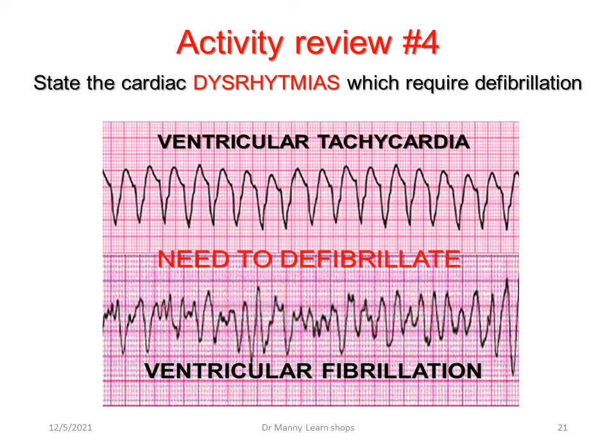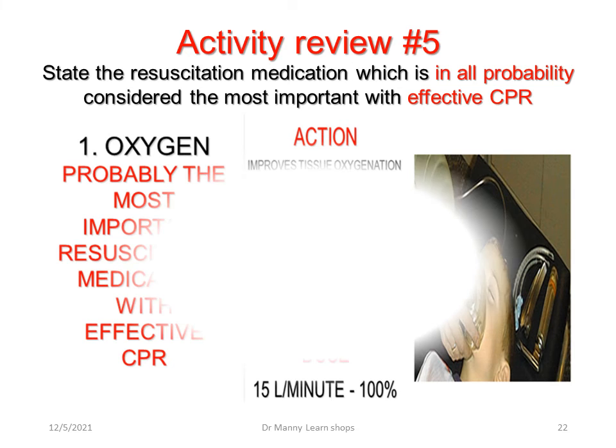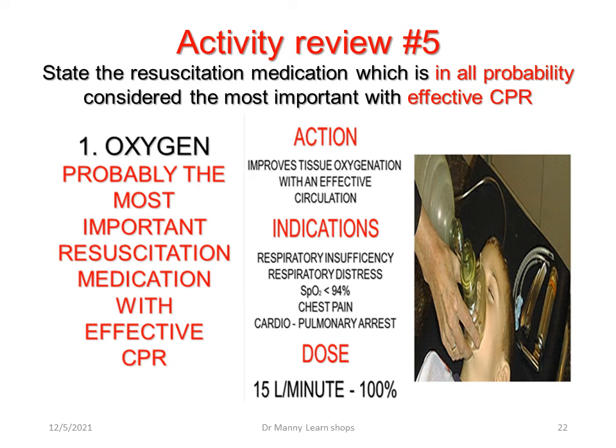They need to be defibrillated ASAP before they deteriorate into non-shock rhythms. State the resuscitation medication which is in all probability considered the most important with effective CPR. Oxygen. Oxygen is probably the most important resuscitation medication, especially in pediatrics, in conjunction with effective CPR.